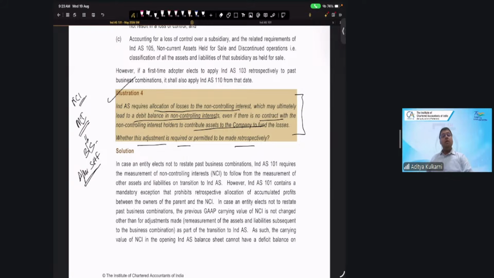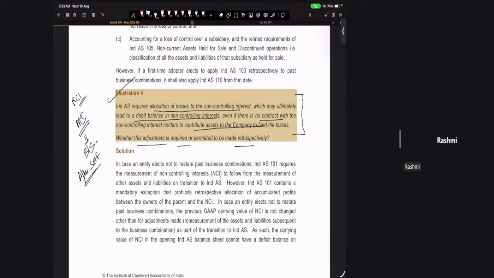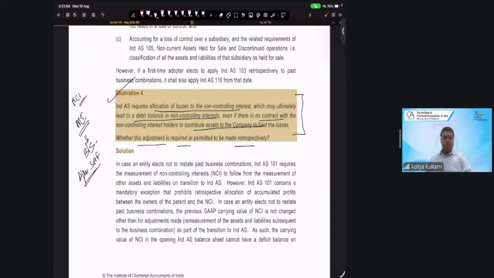That means it was not treated as part of owners' funds at all under the AS regime. It was treated as a liability. And therefore, under your AS regime, if I recollect properly, minority interest could not have a negative balance.